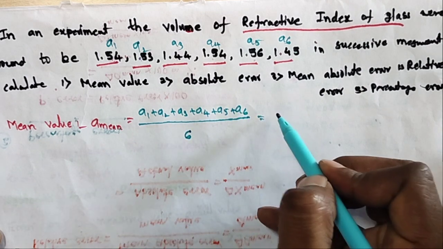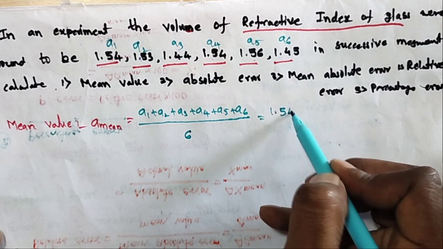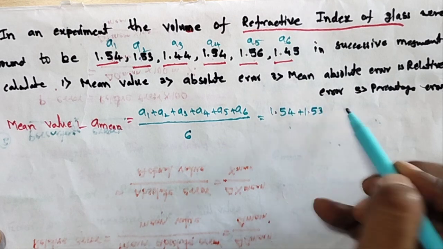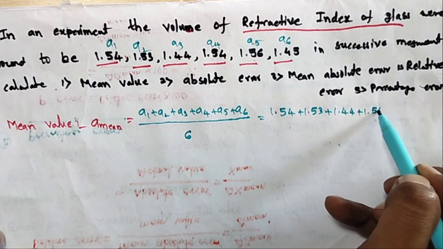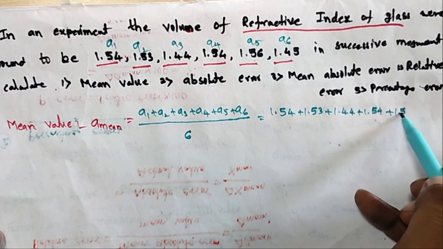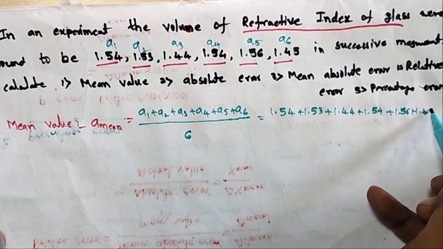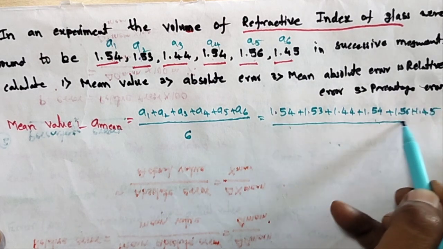So we calculate 1.54 plus 1.53 plus 1.44 plus 1.54 plus 1.56 plus 1.45, divided by 6.